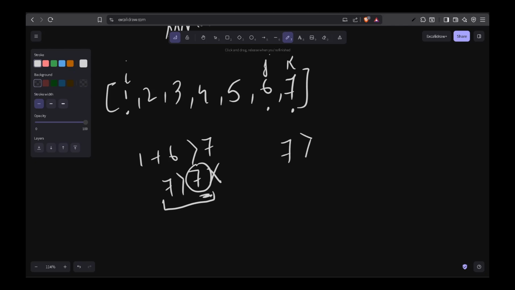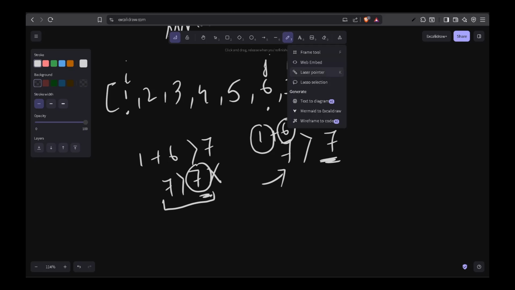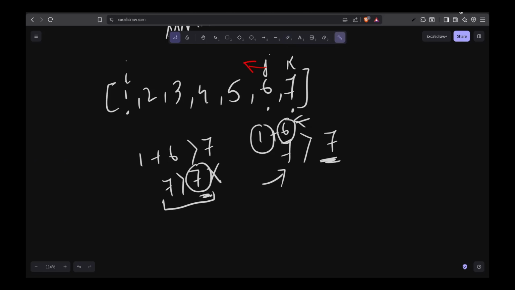This side is fixed. That means we need to change this side, right? Now this is composed of 1 plus 6. That means in this side as well, we can either choose to change this or this, right? Now if we choose to change this, the only possible way for j to change is to move in this way.